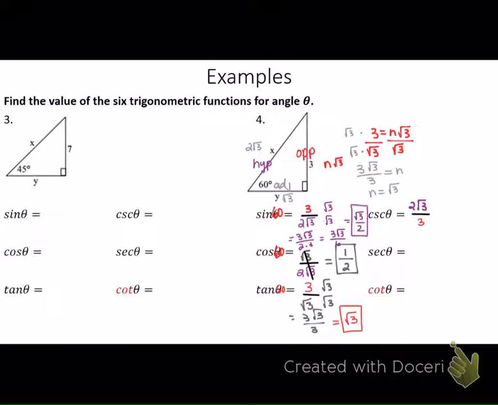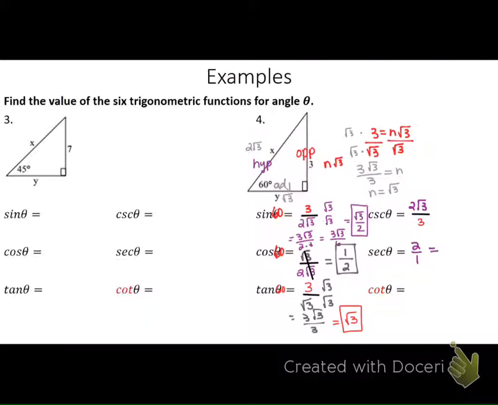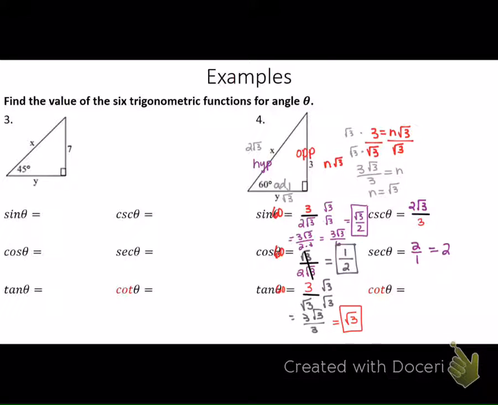If I flip this one, will I be dealing with a radical? No. So secant is just 2 over 1, which is just 2. Does it make sense to flip 3 over radical 3 or radical 3? 3 over radical 3 because that's radical 3 over 3.